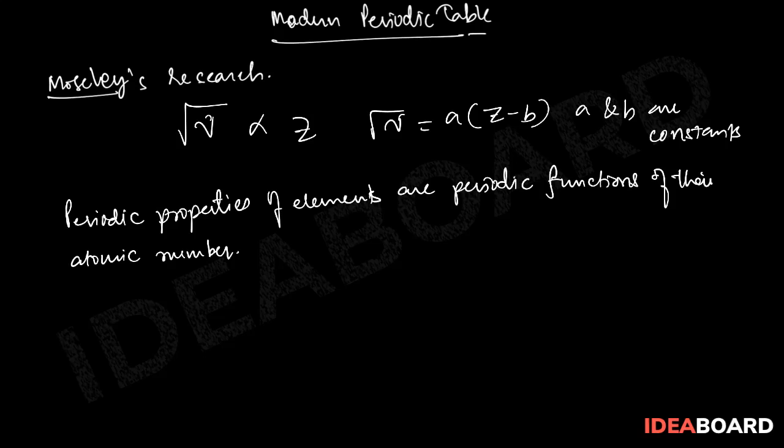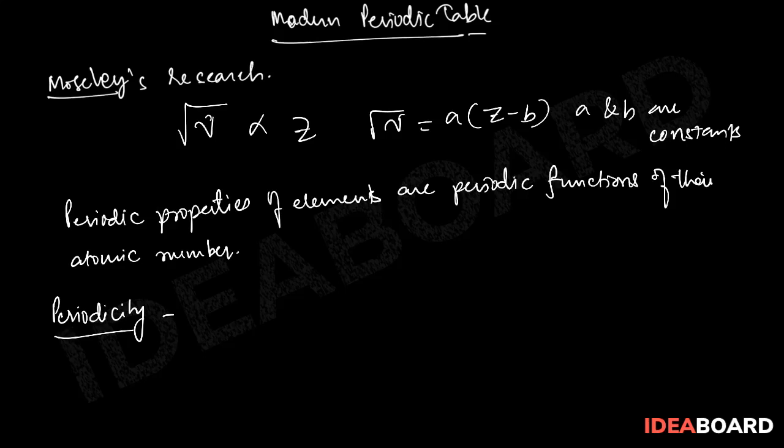When we say periodicity, what does periodicity actually mean? Periodicity is the repetition of similar properties of elements after a certain regular interval. In the periodic table, after regular intervals, the properties repeat, and this is due to the repetition of similar electronic configuration after regular intervals.